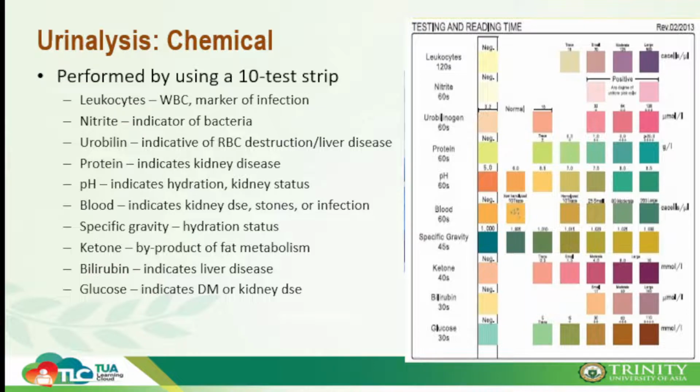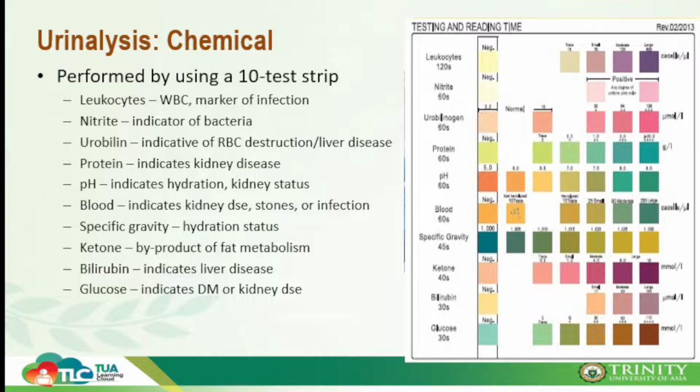You also have your proteins, which also indicate kidney disease. We also have blood, because if there is blood in the urine, then there might be kidney stones, there might be an infection, or there might be a serious kidney disease. Blood should not be seen in the urine since only the filtrate is observed. Remember?